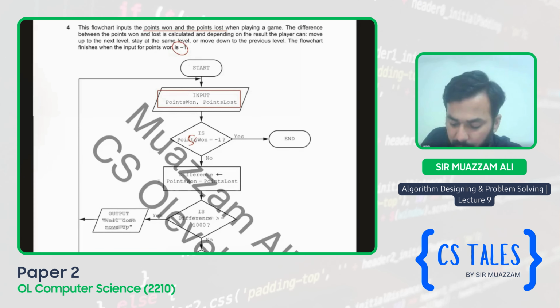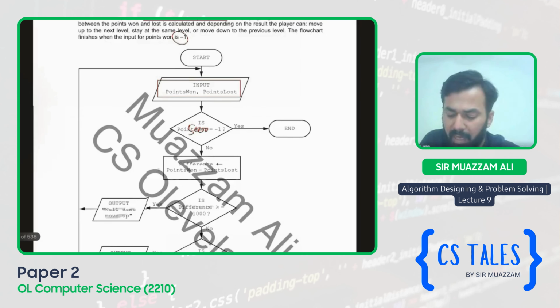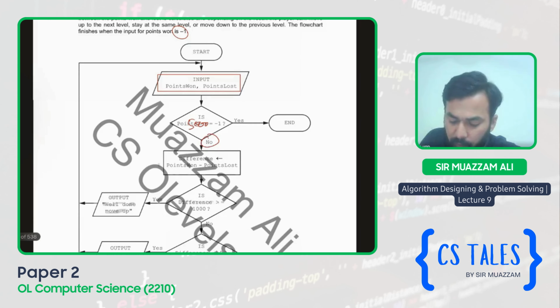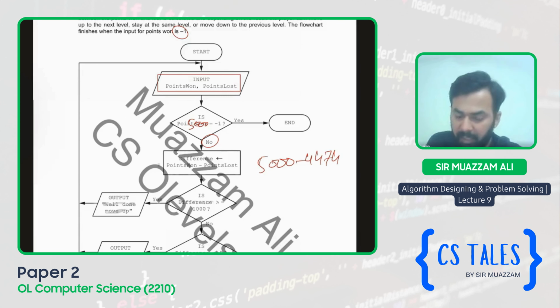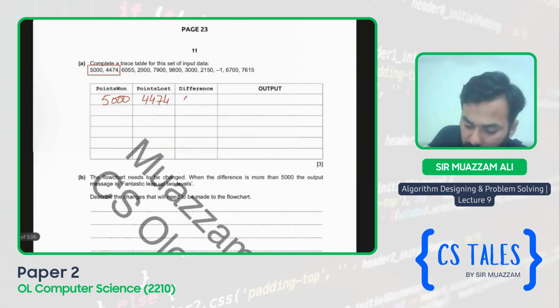No, it is 5,000, not equal to -1. So come over here at no. So we have to write the difference, points won minus points lost, over here. It will become approximately 526.